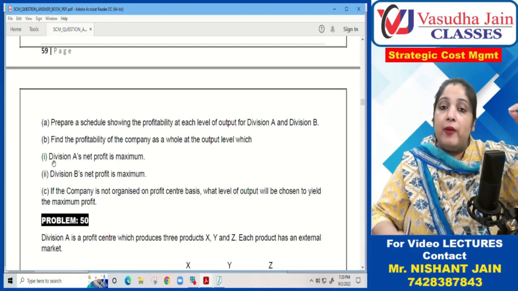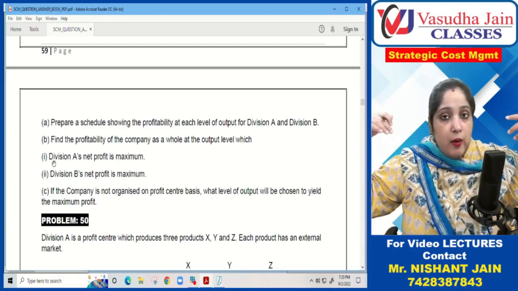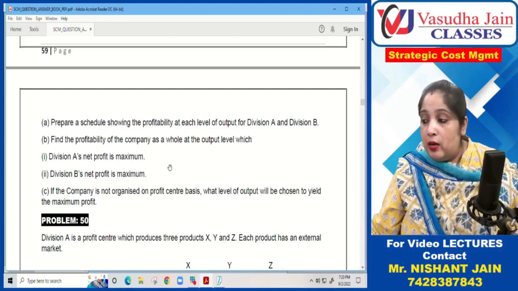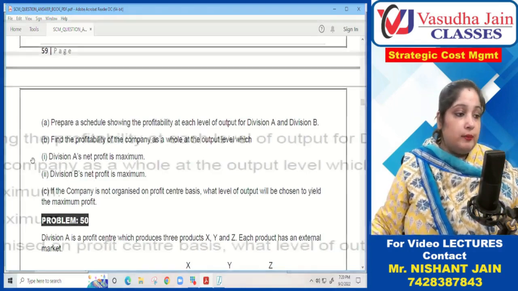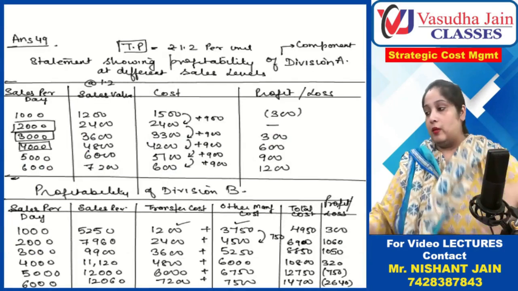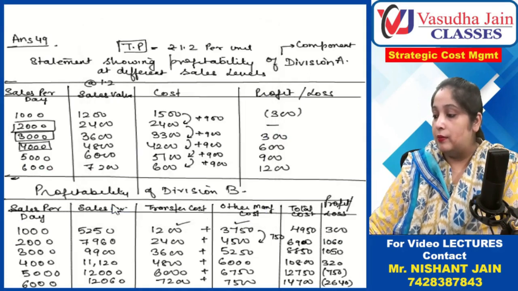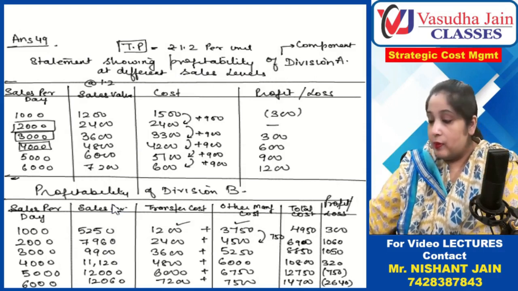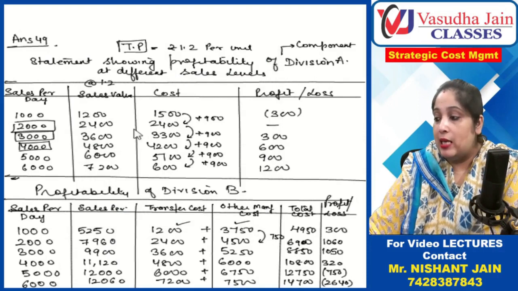So let us see when is department A's profit maximum, then let us see what is the company's profit as a whole, then also see with the output level where division B's net profit is maximum. So let us see, observe in our solution.